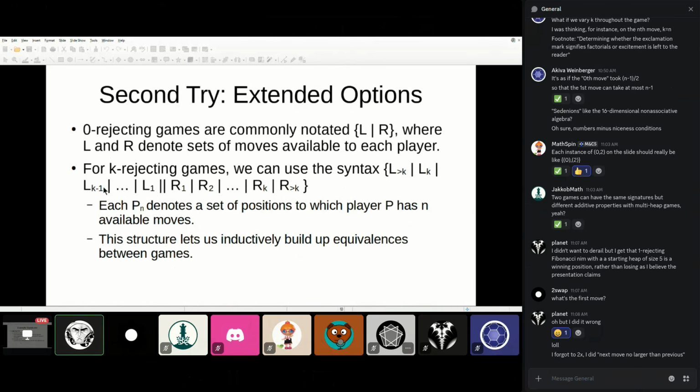And this extended structure directly contains this smaller structure, because if we have a game that's inductively built up where at all stages all the moves are either in this bin or this bin, well, those are all the moves that can't be rejected no matter what. So that's just going to be isomorphic to a zero rejection game, no matter what K actually is.